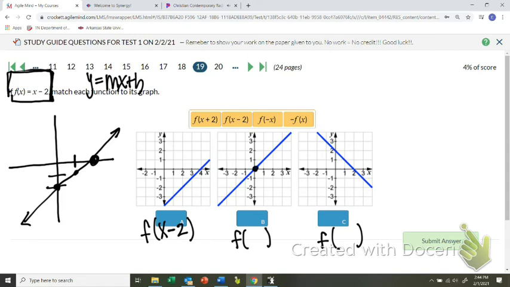So this is f of x plus 2. All right. Then this other one, it still hits at 2, but it's been what? It's been flipped over the x. Okay?